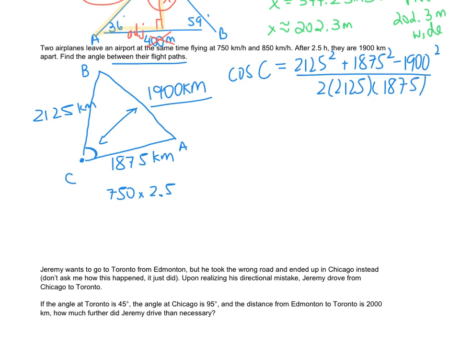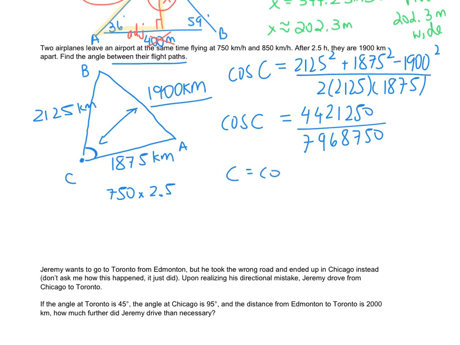Now you can simplify that fraction if you'd like. And when you simplify it, you get 4,421,250 over 7,968,750. And that's what cos C is equal to. And because we are looking for an angle, we are going to take the cos inverse of this fraction.